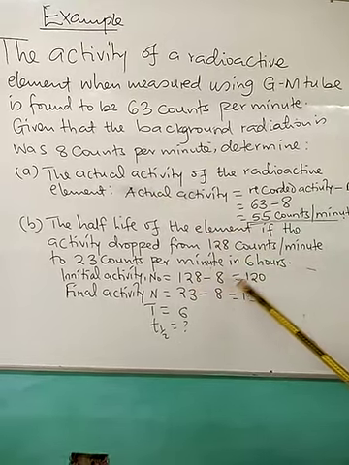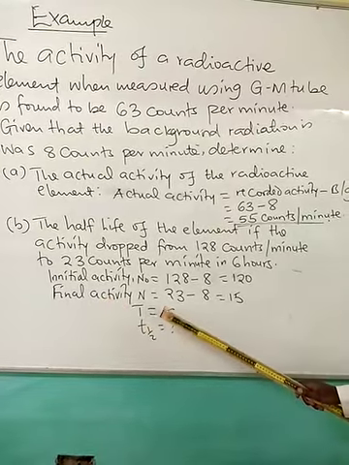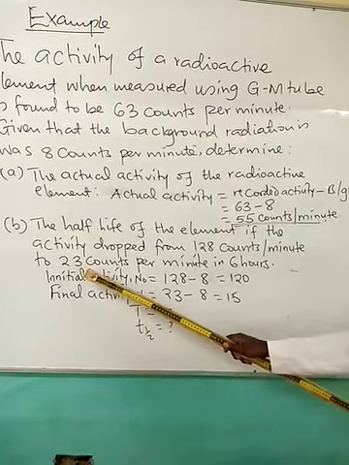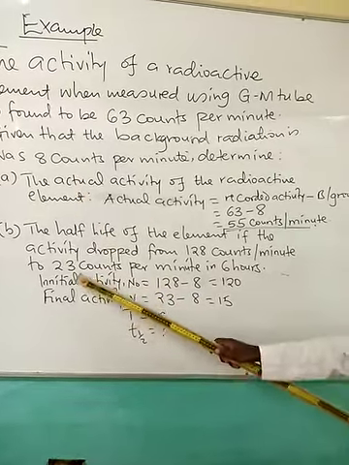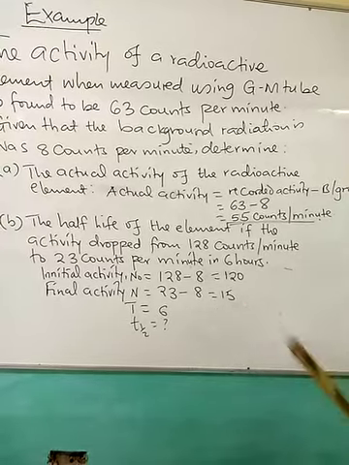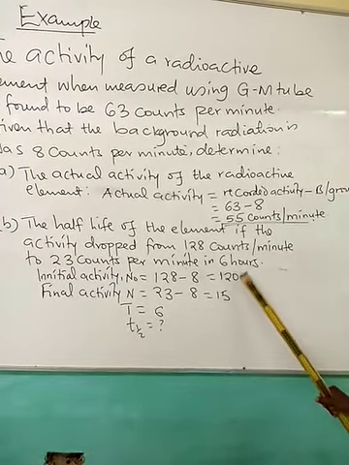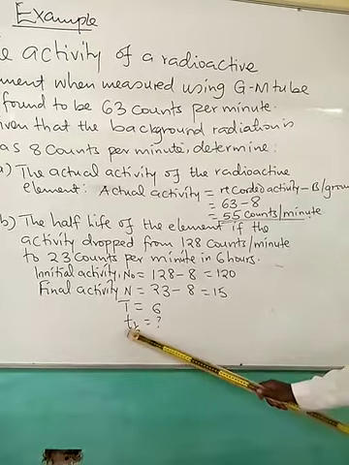So 128 minus 8 gives us 120. Final activity is given here as 23. Because it has background radiation in it, the correct one should now be 23 minus the background radiation, which is 15. So these are the correct activities to use in our calculation. Time given there is 6 hours, so they want the half-life.